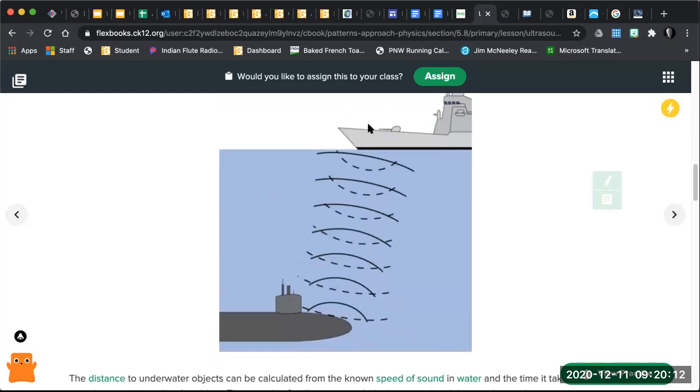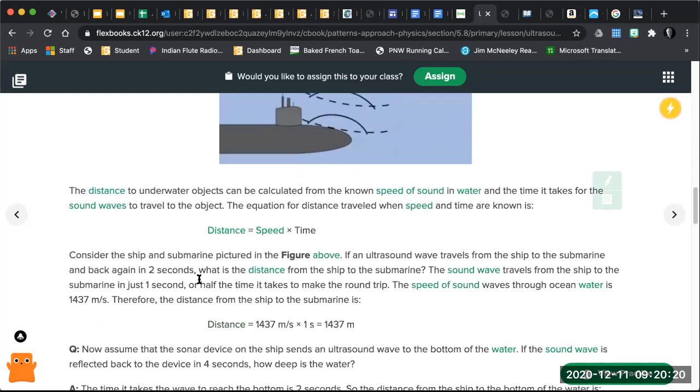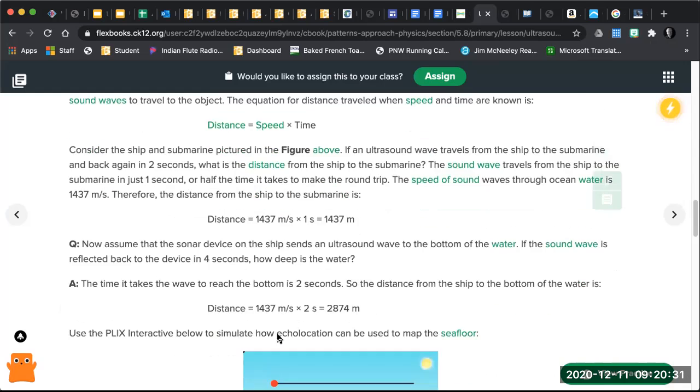So in this case, if the sound wave took 2 seconds to return to the surface ship, it only took 1 second to get to the submarine. We know that underwater sound travels at 1,437 meters per second. So therefore, we can calculate the distance from the surface to the submarine.